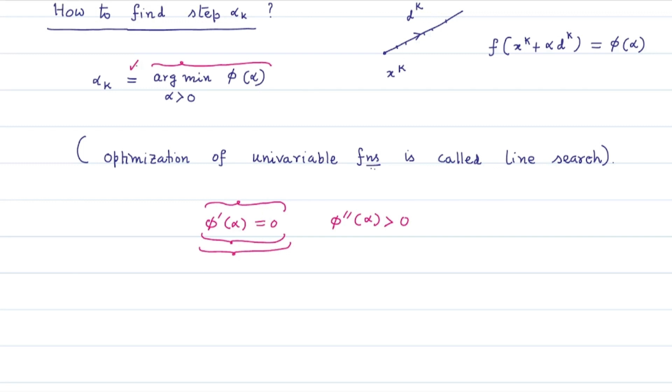And when alpha k is chosen satisfying this, we call the alpha k an exact step length.